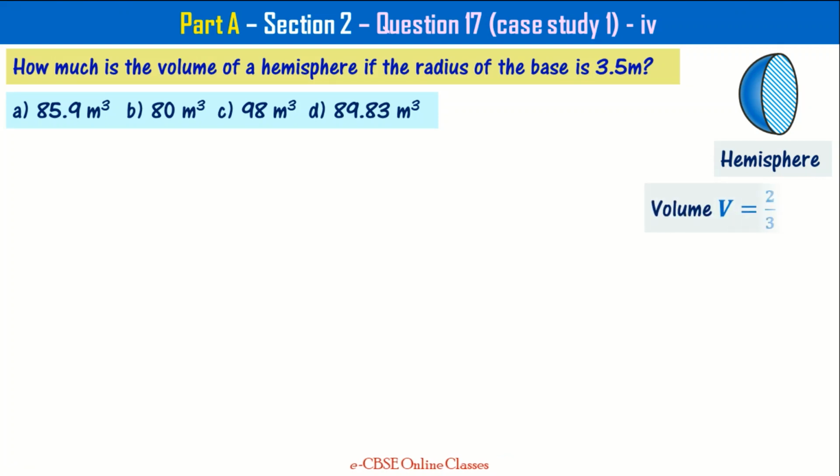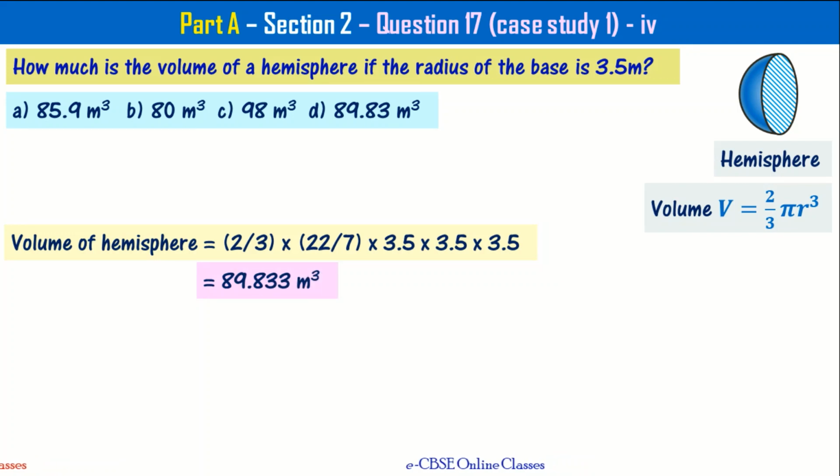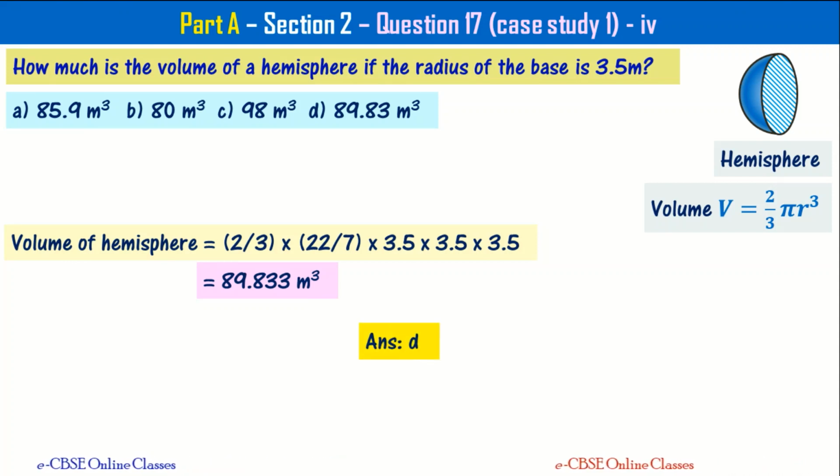And we have seen hemisphere and its volume is defined as 2 by 3 pi r cube. So let's substitute values of r, pi into the equation and simplify it to get the volume of hemisphere equal to 89.833 meter cube. So choice D is the answer, right?